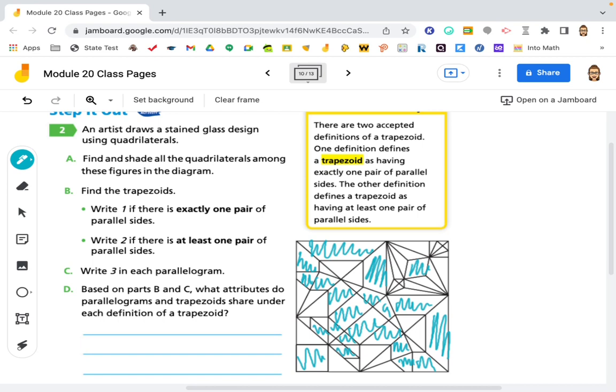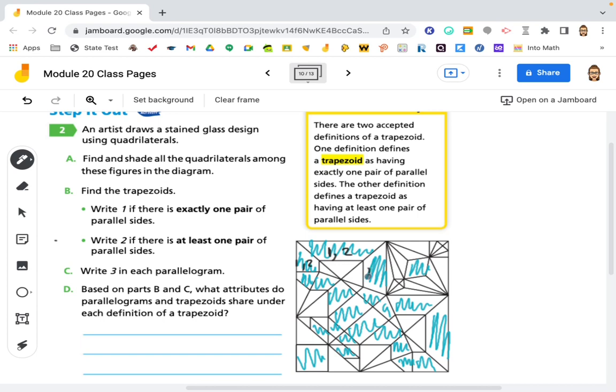Then it says, find the trapezoids. Write 1 if there's exactly one pair of parallel sides, and write 2 if there's at least one pair of parallel sides. So there are 2 accepted definitions of trapezoid. One definition defines a trapezoid as having exactly one pair, and the other has at least one pair of parallel sides. So this has 1, so it has exactly 1. Same here.